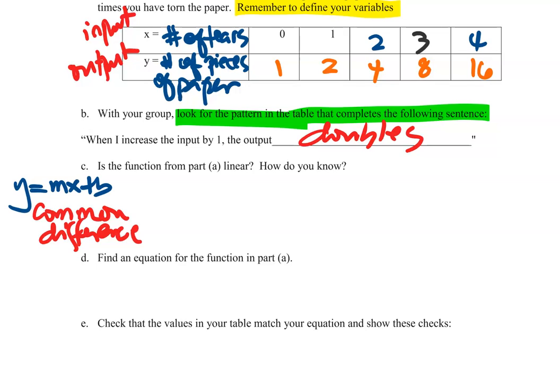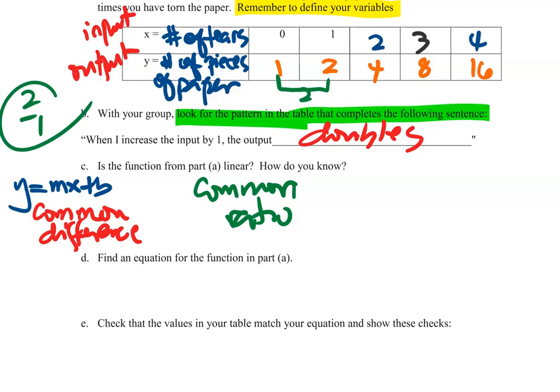But what do we have here? Based on this, we actually have a common ratio. 2 divided by 1 is 2, and 4 divided by 2 is 2, and we are multiplying by the same value each time. 1 times 2 is 2, 2 times 2 is 4, 4 times 2 is 8, times 2 is 16.